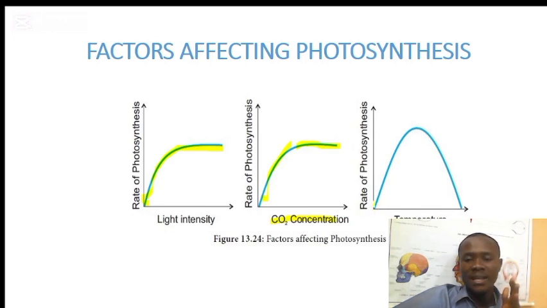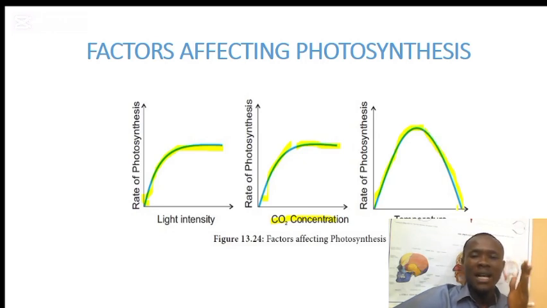As we have in temperature, it varies with the light intensity and CO2 concentration. As you can see here, when we increase the temperature at first, the rate of photosynthesis will increase rapidly until a certain point where it will start to drop again back to zero. The rate of photosynthesis is dropping because higher temperature denatures enzymes.